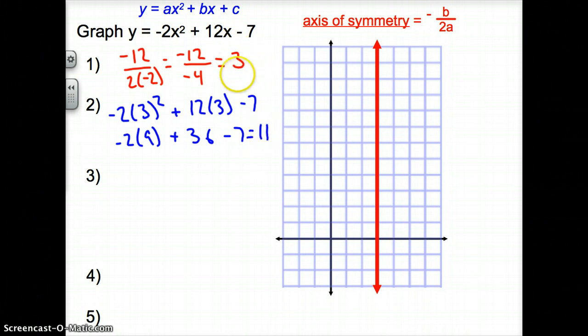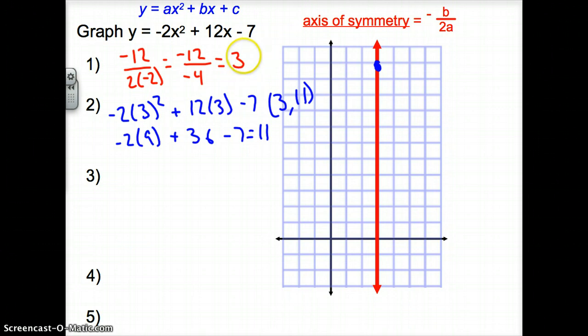So this was my axis of symmetry, which was an x, and this was my vertex 11. So my y was 11. So my vertex is (3, 11). So I go over 3 up 1, 2, 3, 4, 5, 6, 7, 8, 9, 10, 11 and plot my vertex.